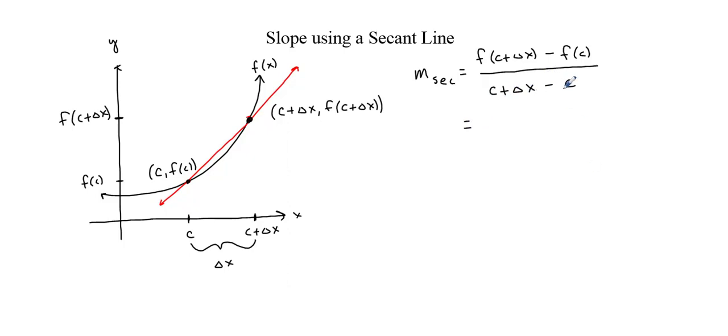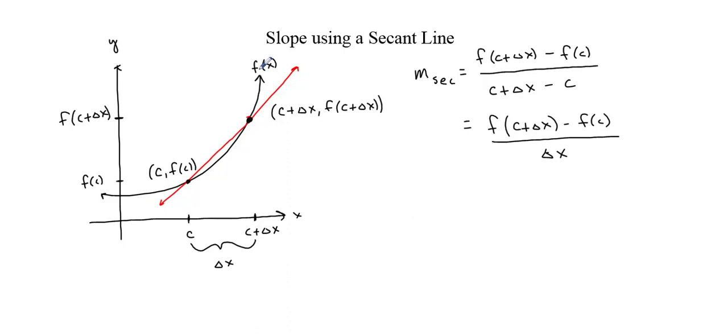I think you guys see in the denominator we can simplify this. C minus c would be 0, so we just have delta x in the denominator. So we'd have f of c plus delta x minus f of c, and then we'd have delta x in the bottom. Obviously, if we knew what our c value was and our change in x value to get to the next x value, we could find the slope of the secant line given that we had some function f, right?